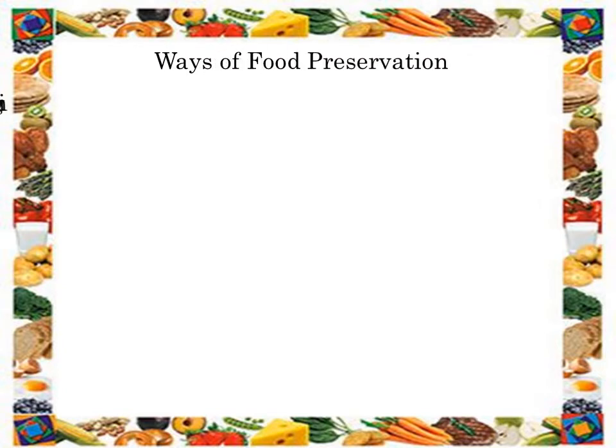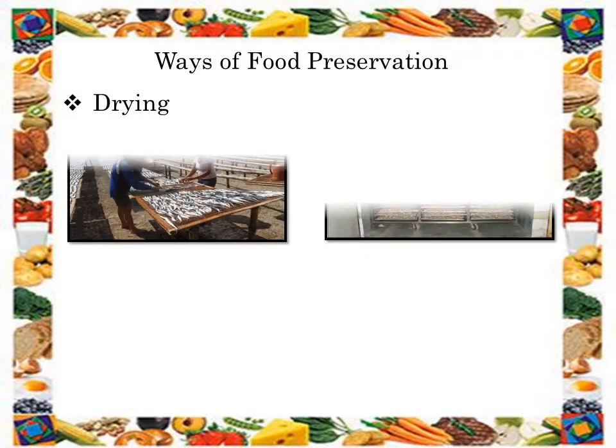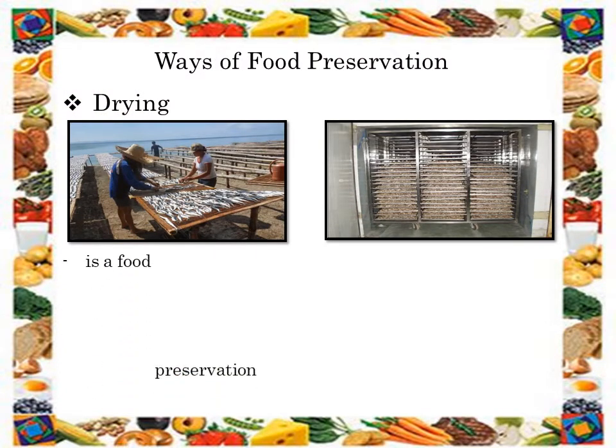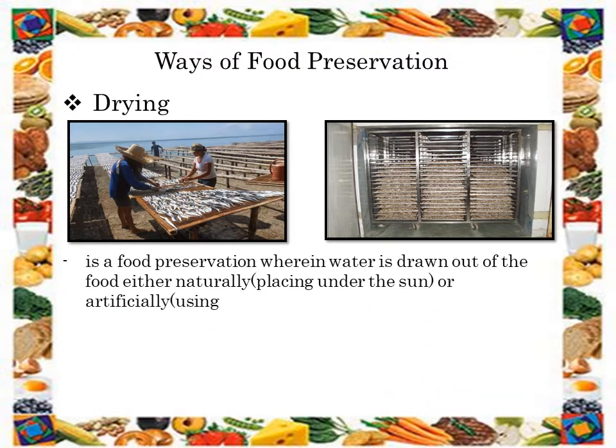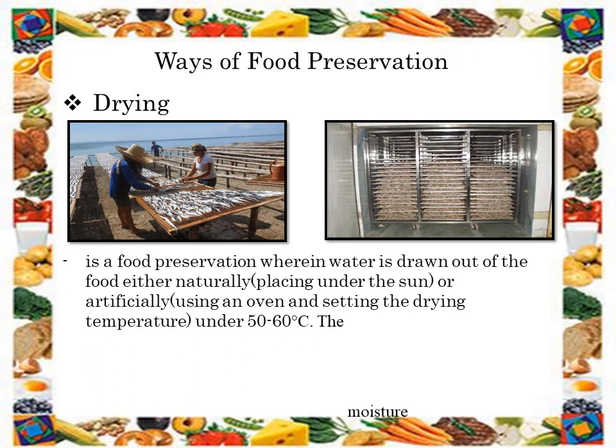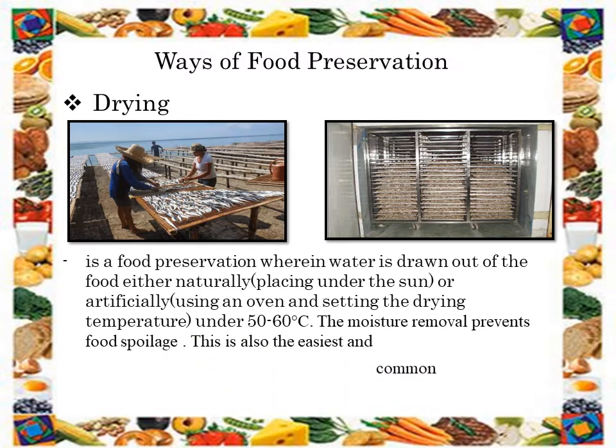There are different ways of food preservation. Number one is drying. Drying is a food preservation method wherein water is drawn out of the food either naturally, as shown in picture number one, by placing it under the sun, or artificially, as shown in picture number two, using an oven and setting the drying temperature at 50 to 60 degrees Celsius.